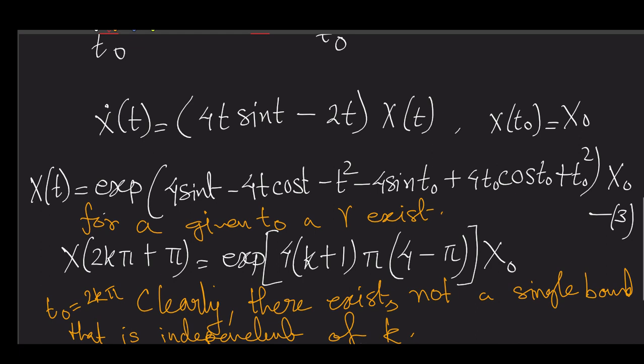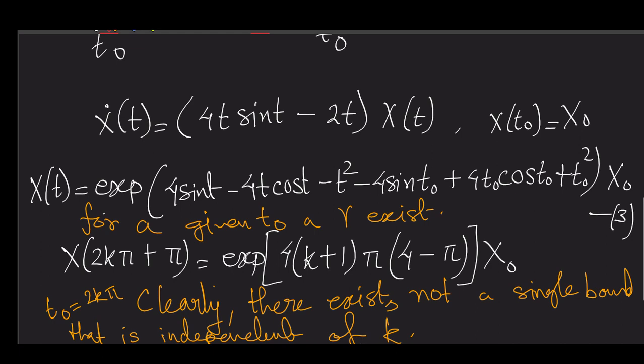That means if you try to draw a pictorial, you will see that for different initial conditions you need a different, higher amount of bound.